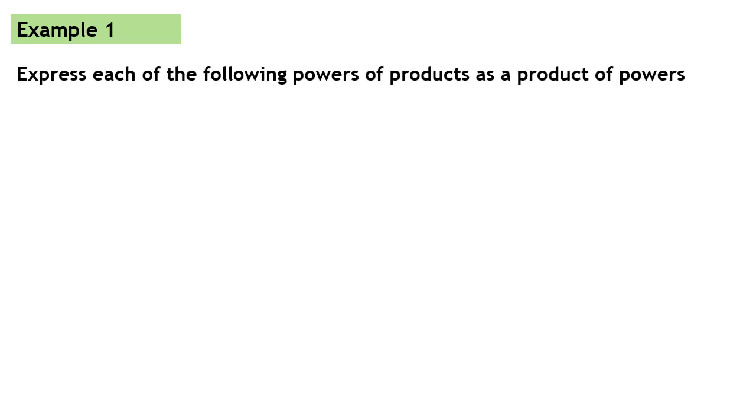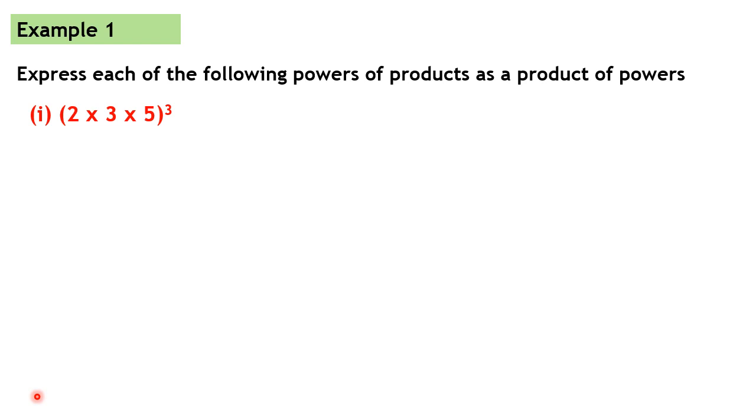Let's see some examples. Example number 1. Express each of the following powers of a product as a product of powers. First part, 2 by 3 by 5 cubed needs to be expressed as a product of powers. A power of a product form is given. We need to express this as a product of powers.